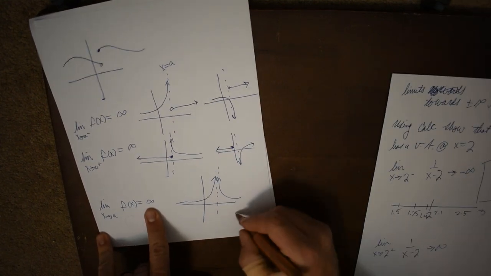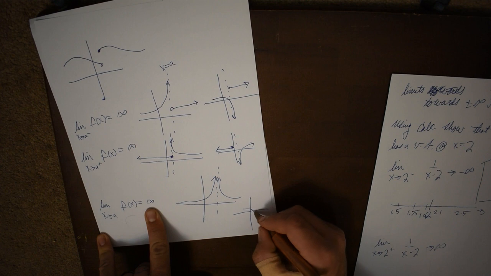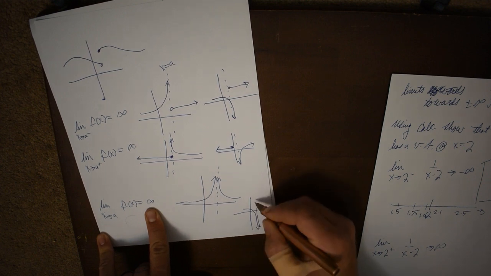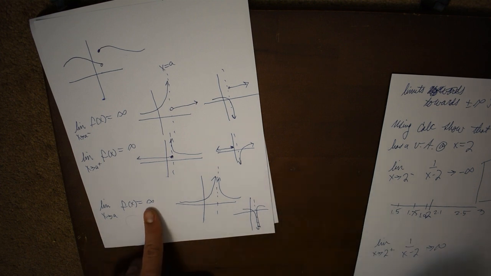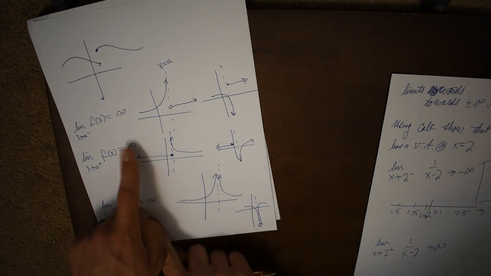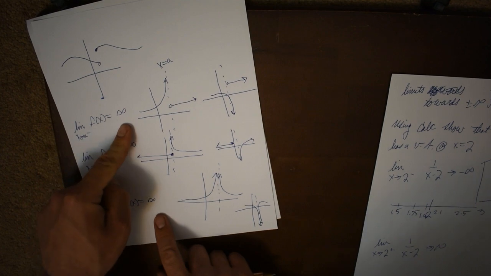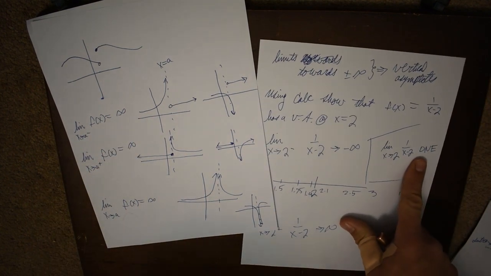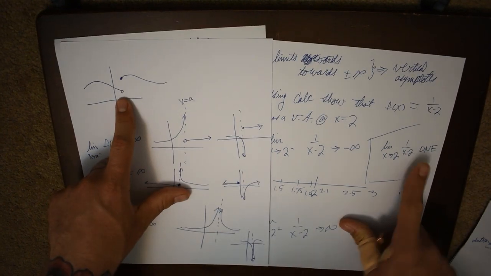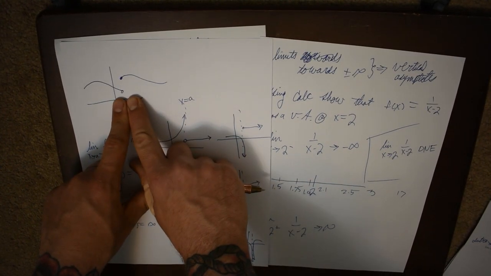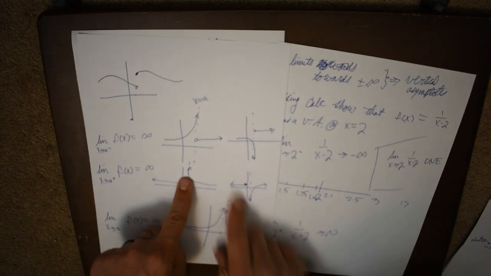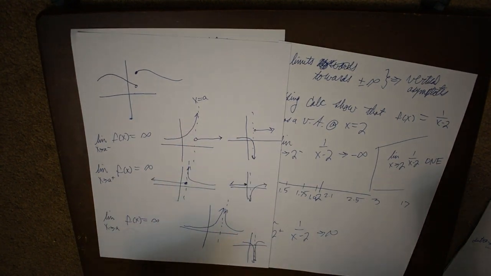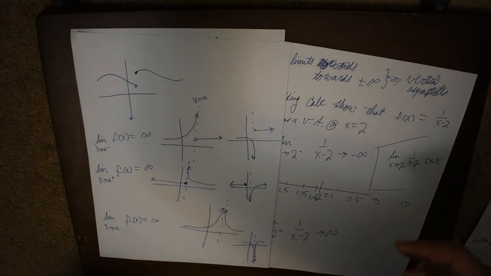If I put a minus sign here, we get a function that looks like that, going towards negative infinity. So we need a limit going to infinity, not necessarily a limit that doesn't exist, because the limit can fail to exist and we still don't have a vertical asymptote. We need something to go to either positive infinity or negative infinity to know a vertical asymptote exists.